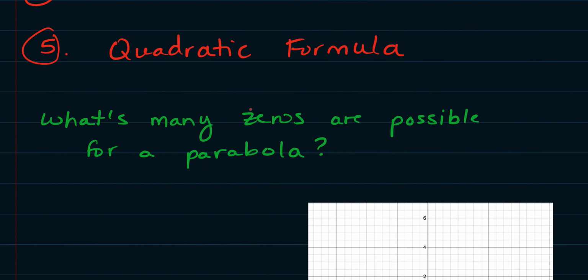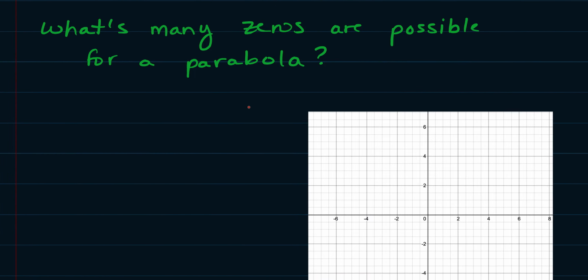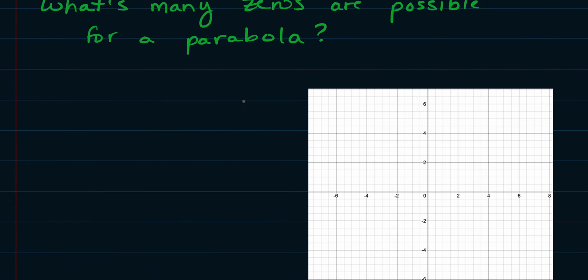So something I want to ask is, if I give you the equation of a parabola, so the equation of a quadratic function, how many zeros are actually possible for a parabola? In other words, how many times can the graph of your function intersect the x-axis? Because that's what a zero is.